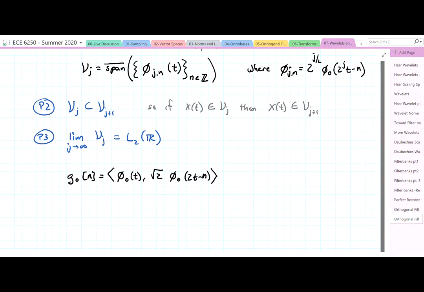And how do we actually choose G naught? Well, let me add, once we have G naught, this is going to tell us how we can build up our scaling function from our base scaling function.